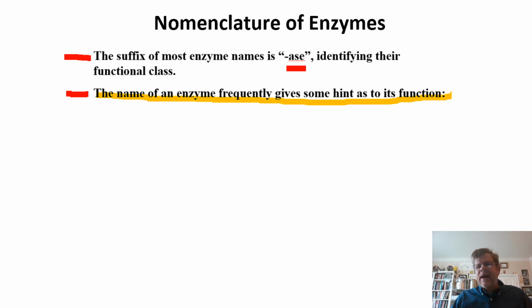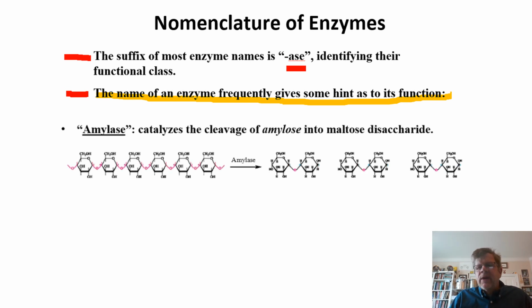So let's take a look at some examples of how we could take the name of an enzyme and deduce what its function might be. Here's a representative reaction, one that we've seen before, actually. Remember when we were taking amylose over here on the left, and through digestion in the stomach, that can form maltose disaccharide.